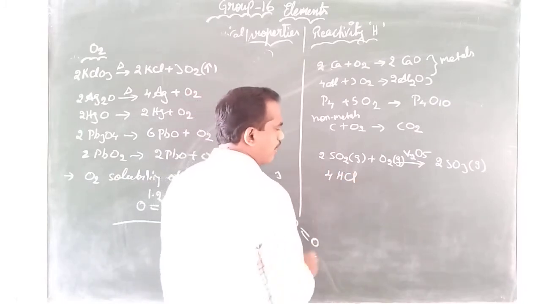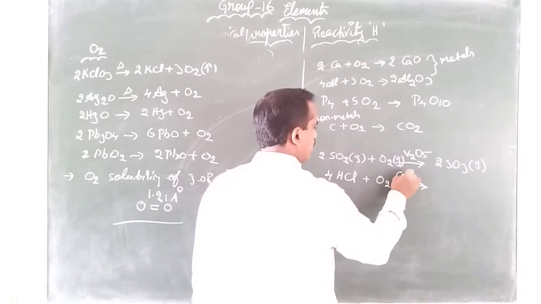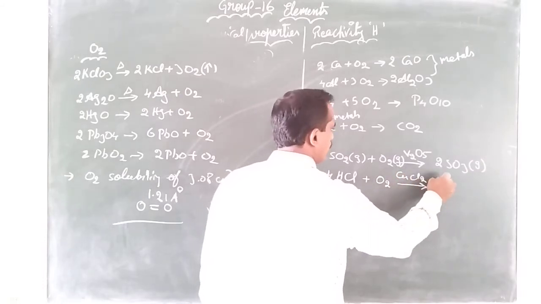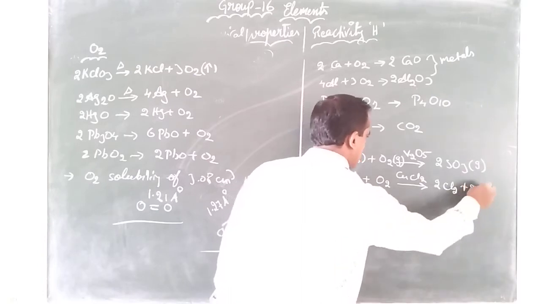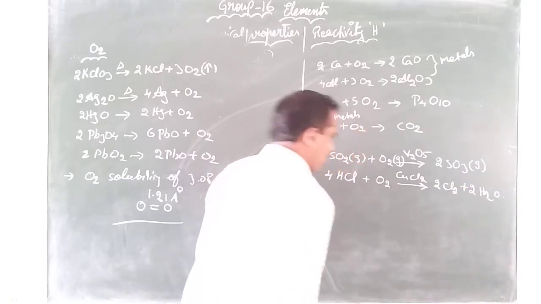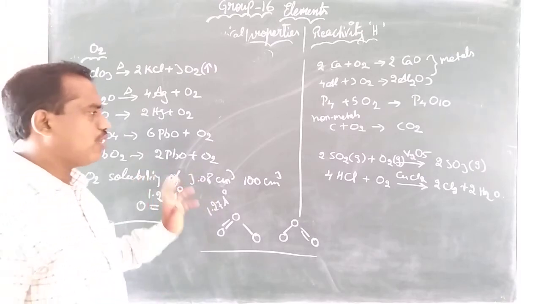Or 4 moles of hydrochloric acid is reacted with oxygen in the presence of CuCl2 to give chlorine gas and water. So you can see these reactions of oxygen.